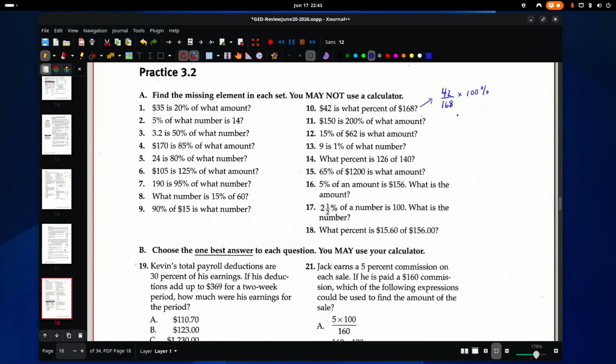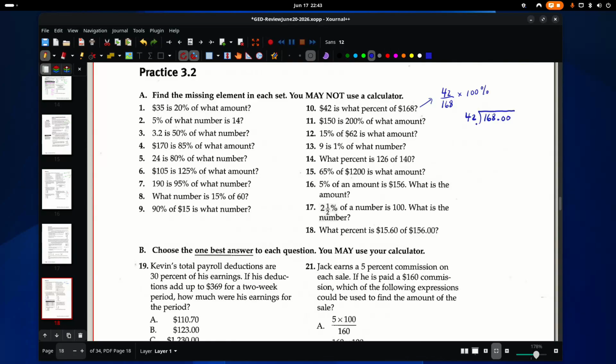And so we can divide 42 into 168. We might need some decimal numbers here. We can put in some zeros if we want as decimals.